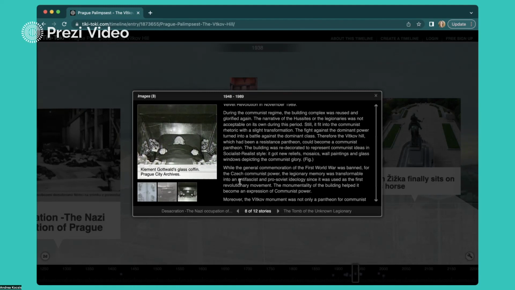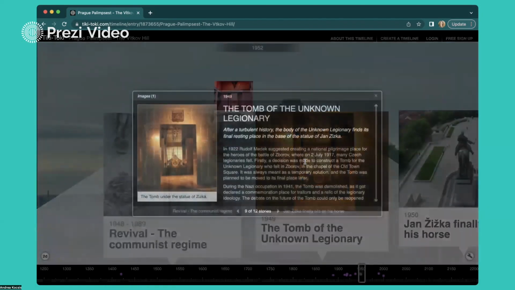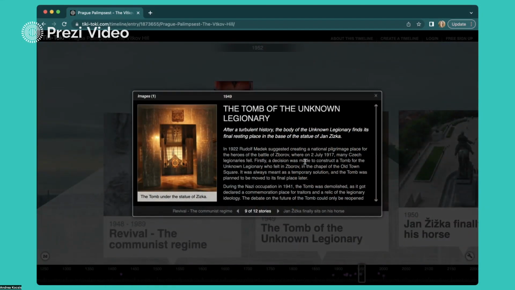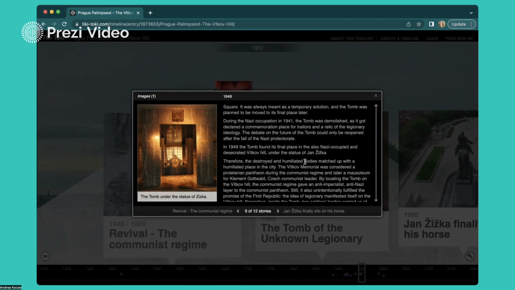Therefore, what was before a legionary pantheon could be turned into a communist pantheon. And more interestingly, the tomb of the unknown legionary found its final place in the building, under the base of Jan Žižka's monumental statue, during the communist period.